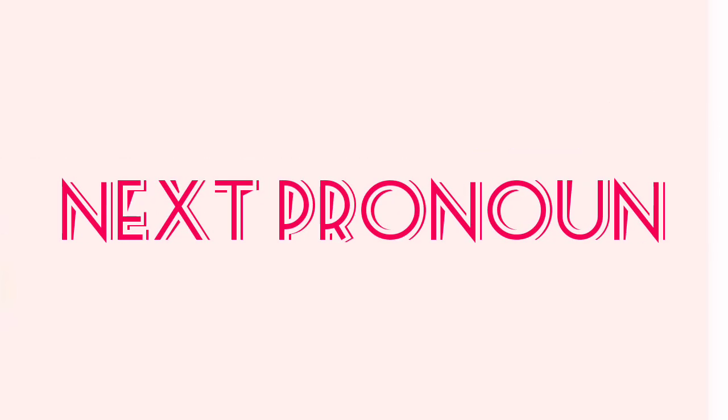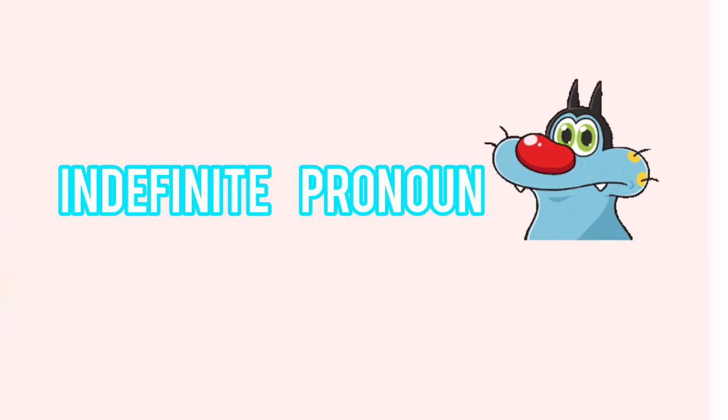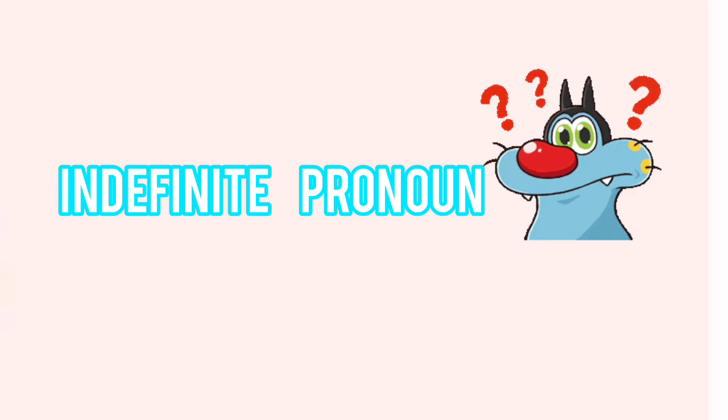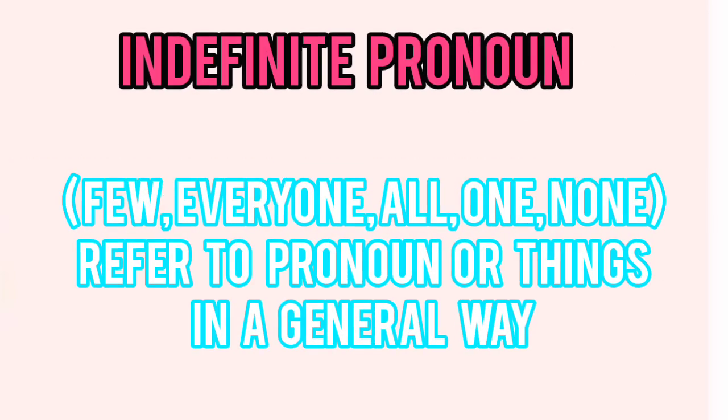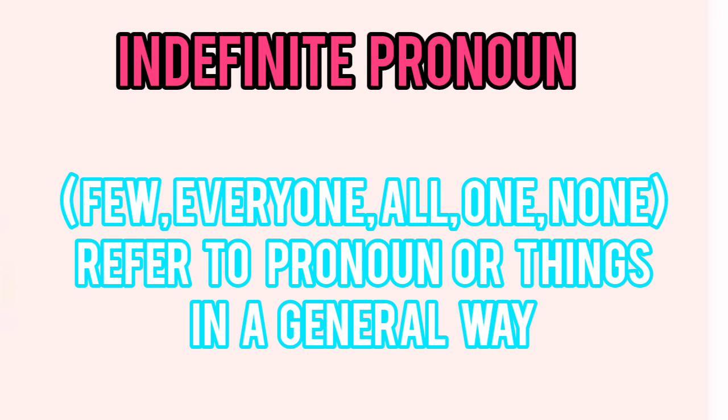Now let us move further and see the next type of pronoun, that is indefinite pronouns. Examples include few, everyone, all, one, none, which refer to persons or things in a general way. Indefinite pronouns means you are not taking anybody's name specifically, rather you are denoting in an indefinite way: few of you, one of you, all of you.